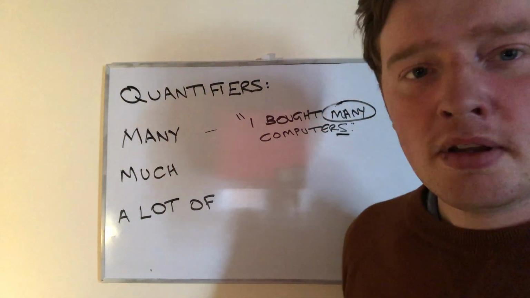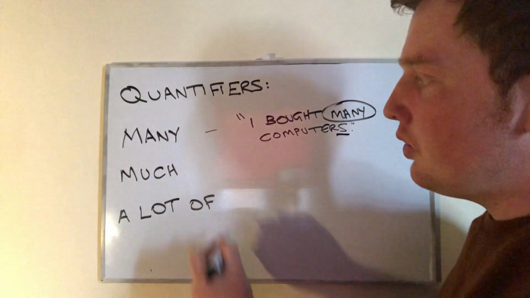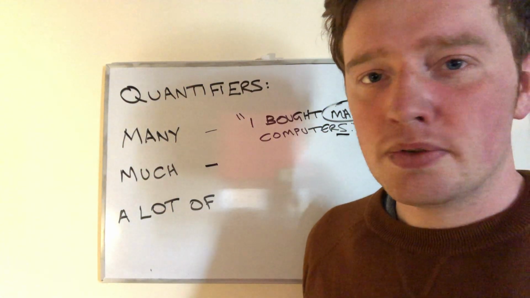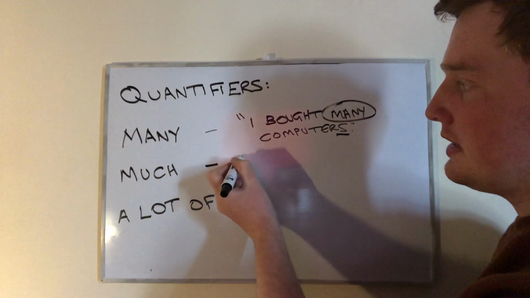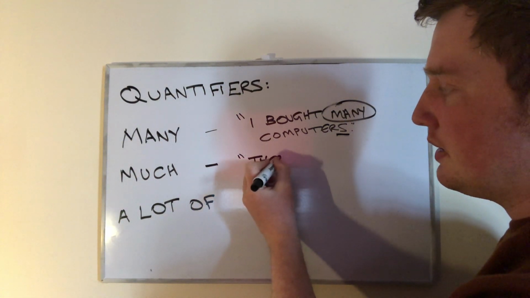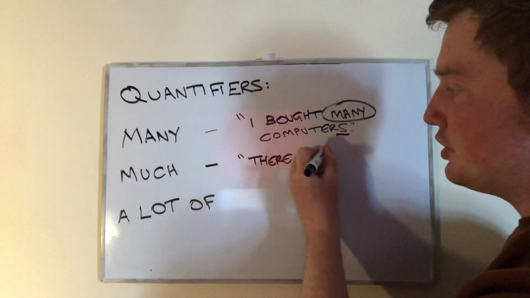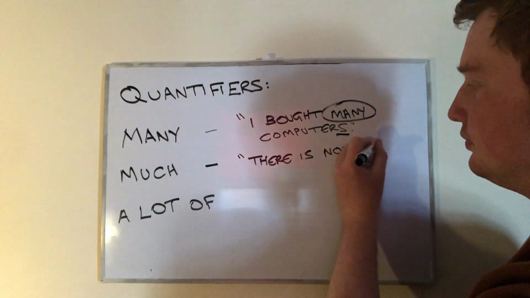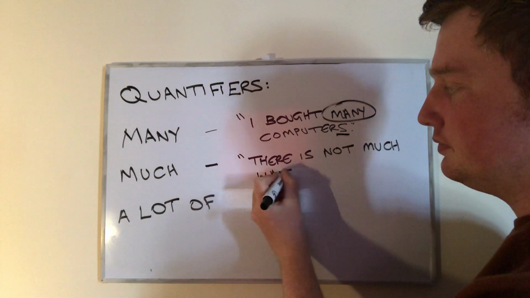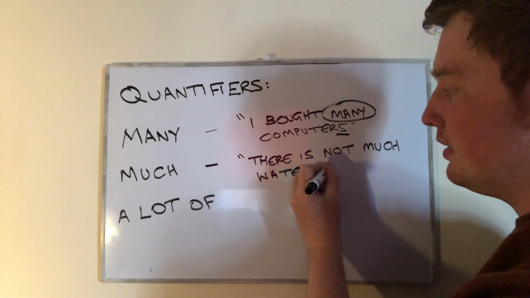On the other hand, much can only be used in English with uncountable nouns. So an example would be, there is not much water in the cup.